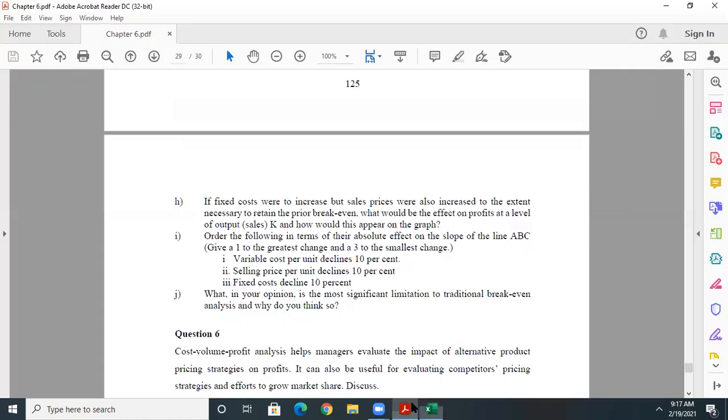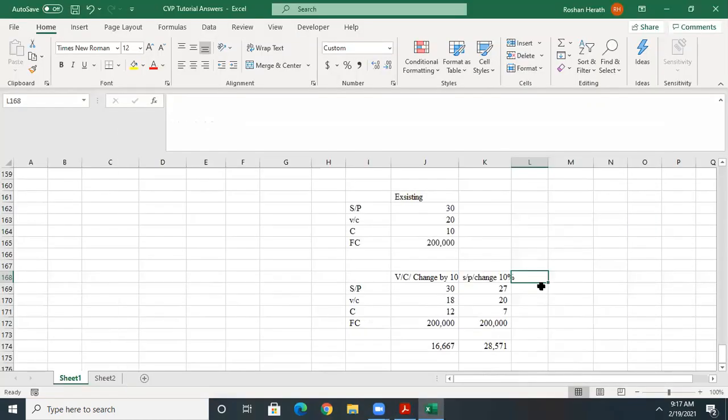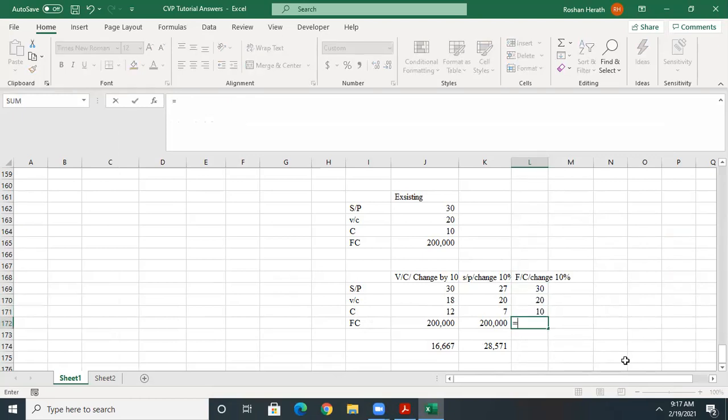Then if you take the next instance where the fixed cost declines by 10%, fixed cost change 10%. So the sales price would remain the same, variable cost would remain the same, thereby the contribution per unit. However, the fixed cost decreases, 200,000 originally.